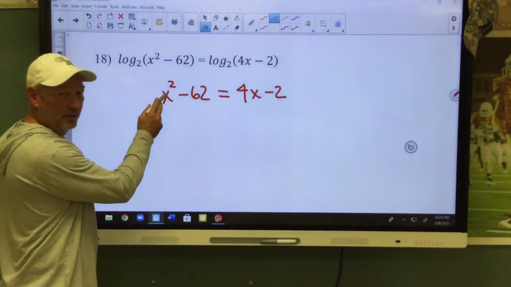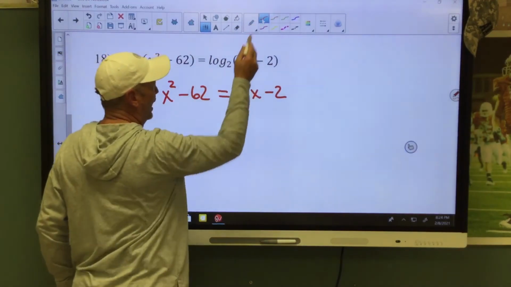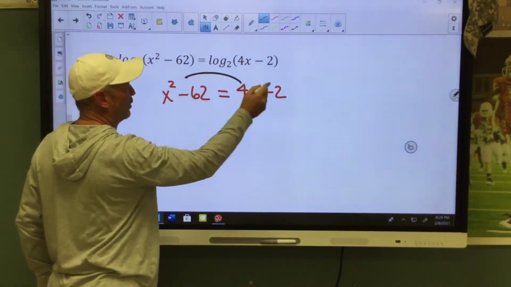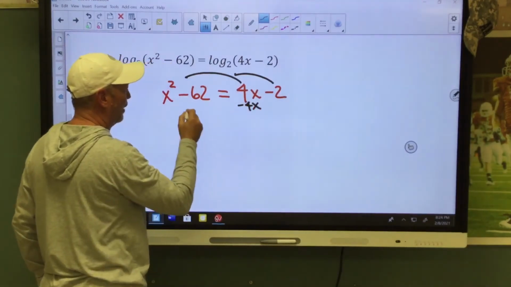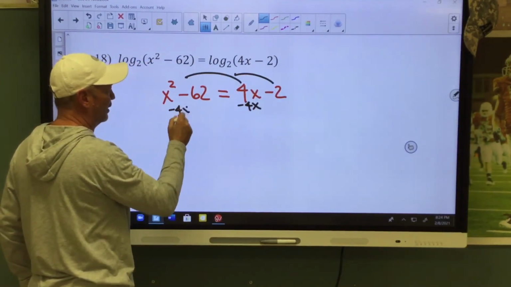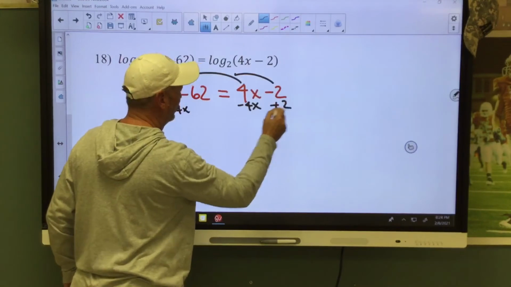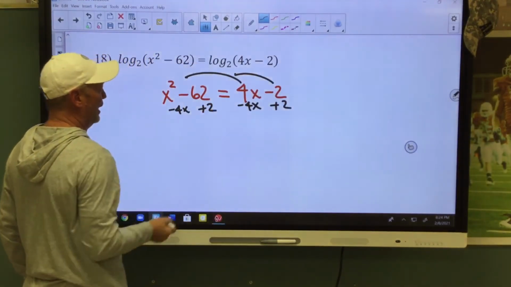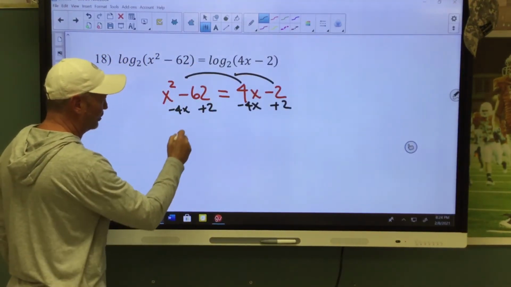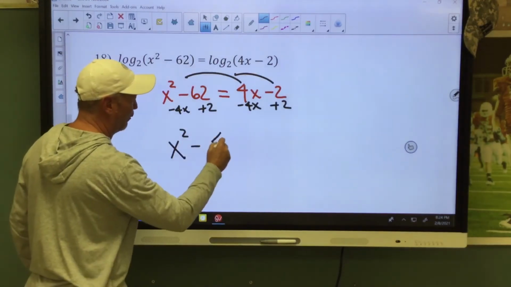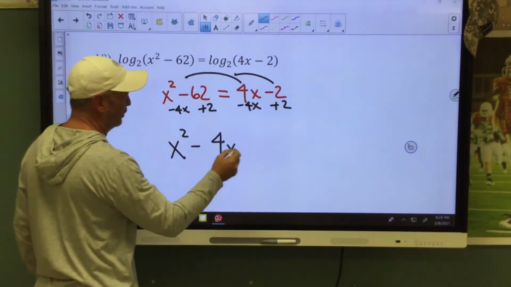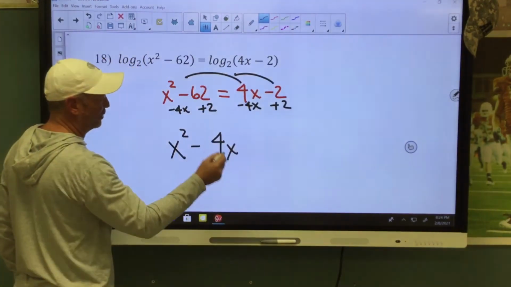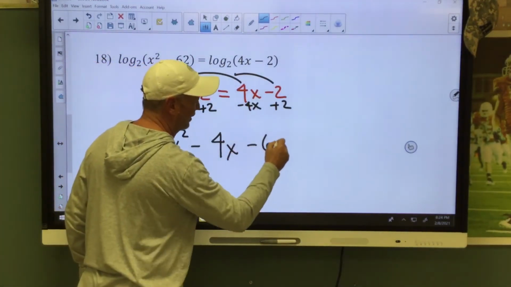This is a quadratic, so I would ask you to move everything to the other side, and we would say minus 4x, plus 2, and plus 2, and that would give us x squared minus 4x, and negative 62 plus 2 is a negative 60.